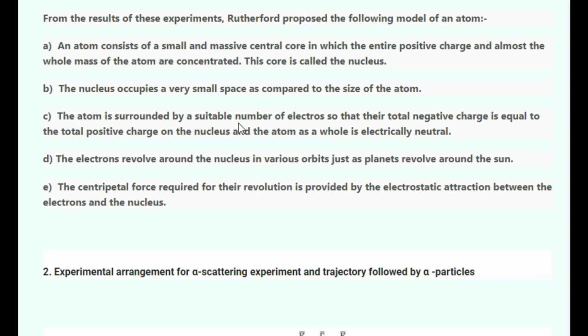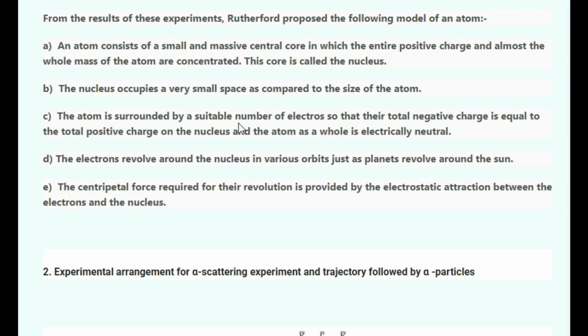So discarding the mass of the electrons, almost all the mass of the atom was concentrated at this core called the nucleus. The second result was that the nucleus occupied a very small space as compared to the size of the atom. That's why most alpha rays passed through the gold foil.